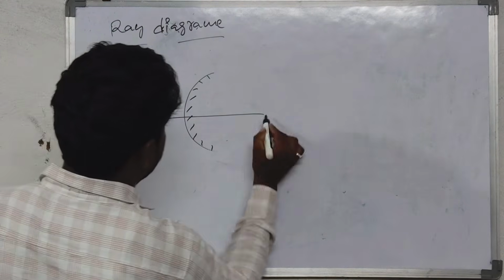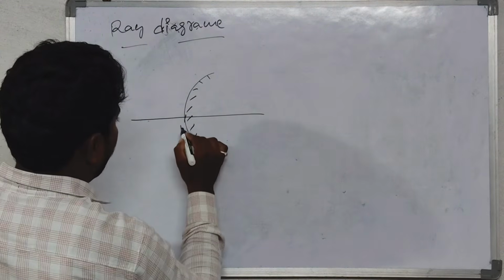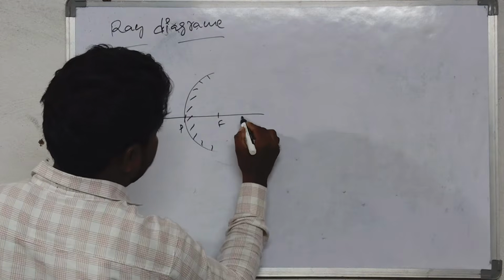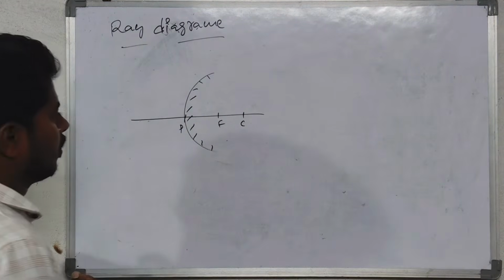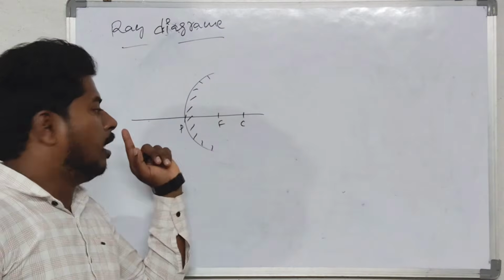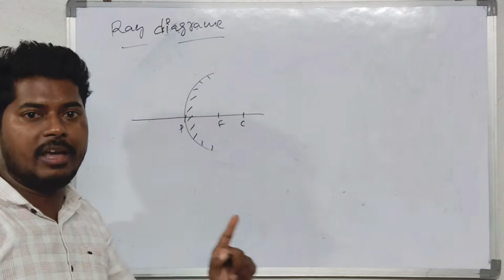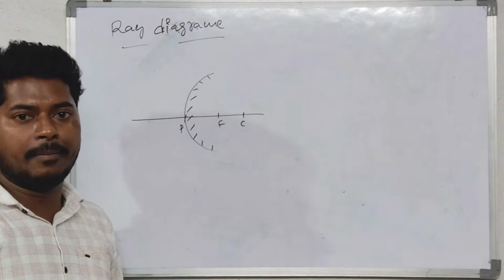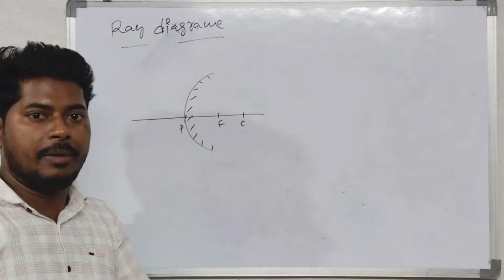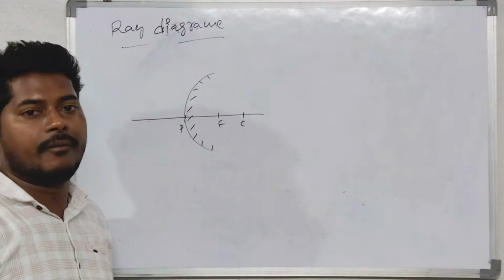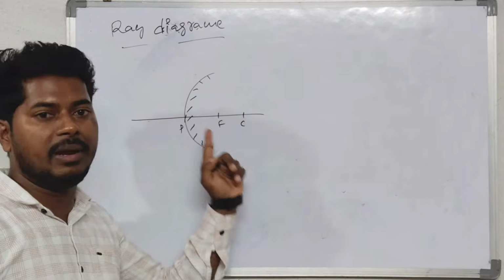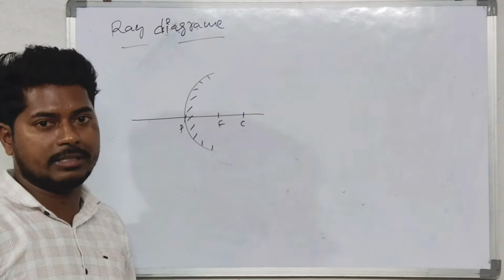So this is the principal axis, pole, focus, and the center of curvature. Let the object be placed anywhere in front of the convex mirror. Your image is always formed behind the mirror, in between pole and focus.